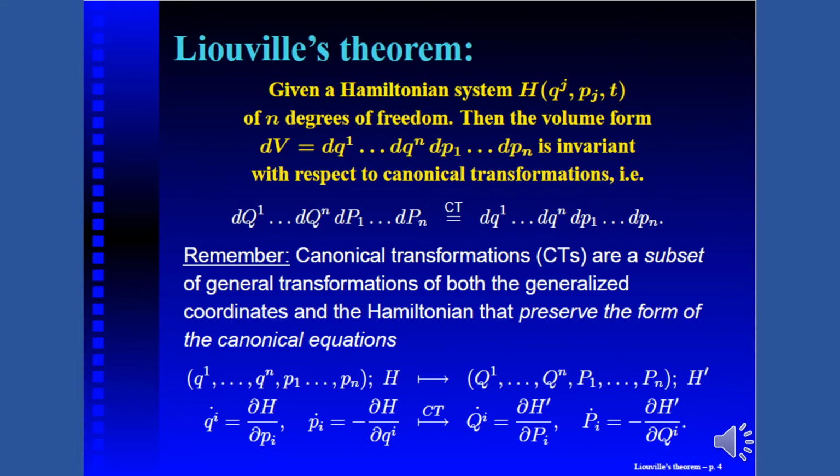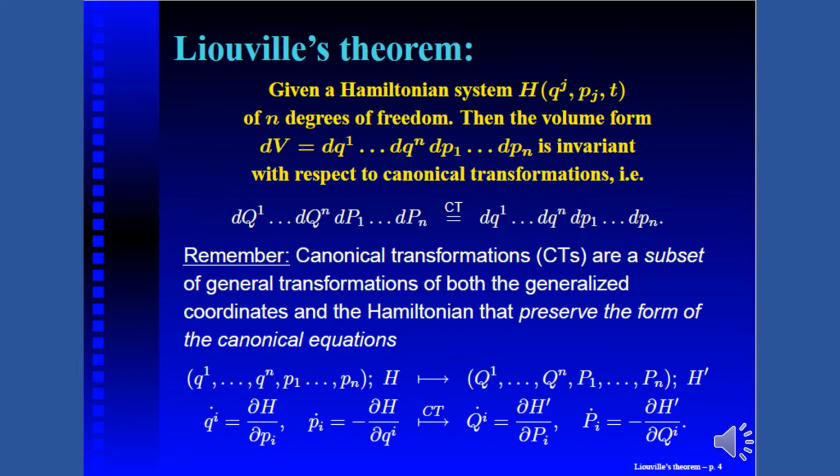We have to keep in mind that the canonical transformations are subsets of the general transformations of the generalized coordinates and the Hamiltonian. All are transformable, and that preserves the form of the canonical equations.